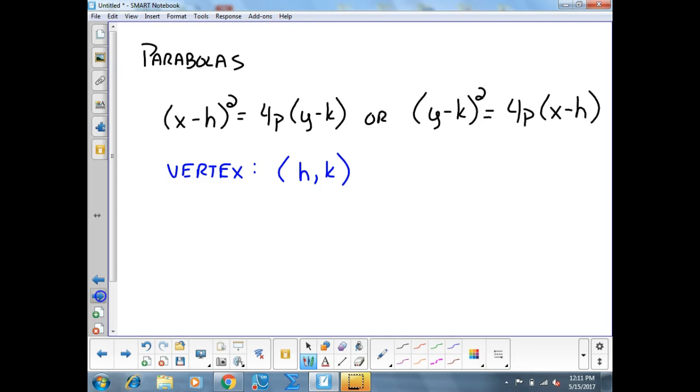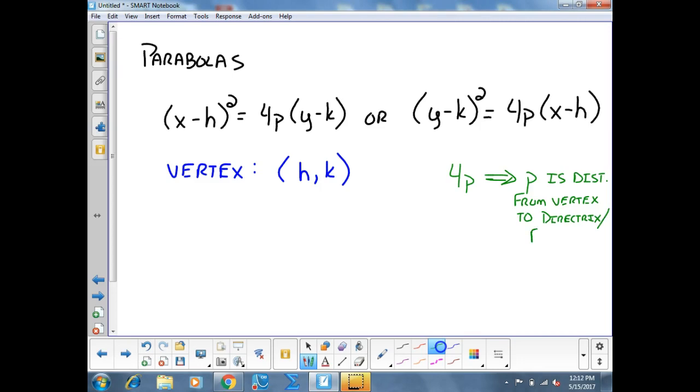So, as Kellen was just asking, this 4P business, the 4P is what we use to find the distance from the vertex to the directrix or the focus. Okay. So we use that.